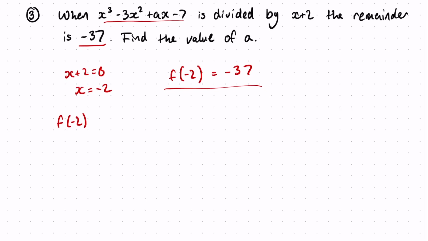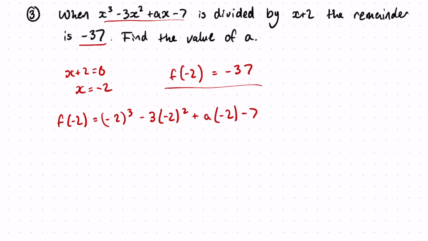When I put minus 2 into my original equation, I get minus 2 cubed minus 3 lots of minus 2 squared plus a lots of minus 2 minus 7, which is minus 8 minus 12 minus 2a minus 7, and that is going to equal minus 37, as I stated above.